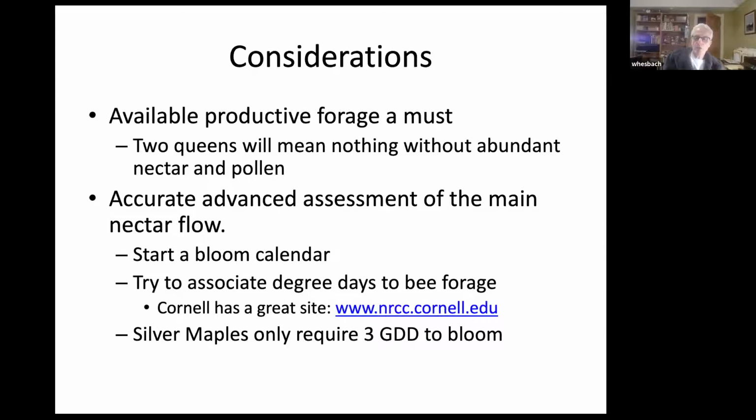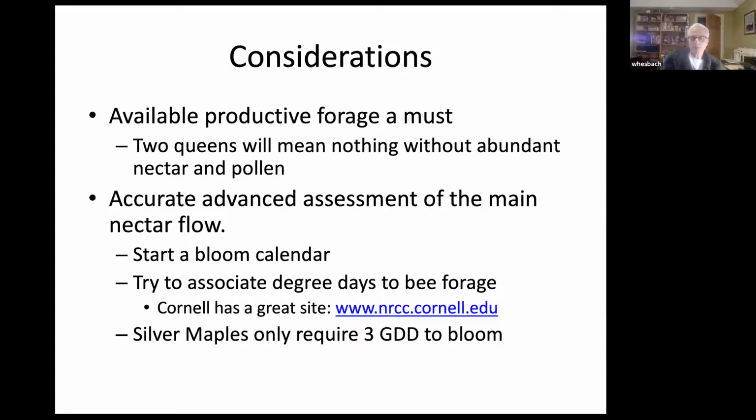And in my bloom calendar, I started a column that has degree days next to it. Cornell has weather stations all over the Northeast here. I'm sure they have plenty of them around your area, especially around in Cambridge. I'm sure there's plenty of stuff over there. There's one less than 2 miles from my house, and I live in a rural area in Cheshire, Connecticut.